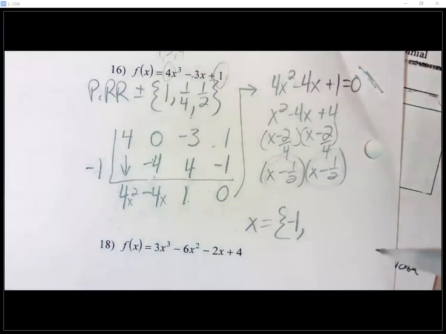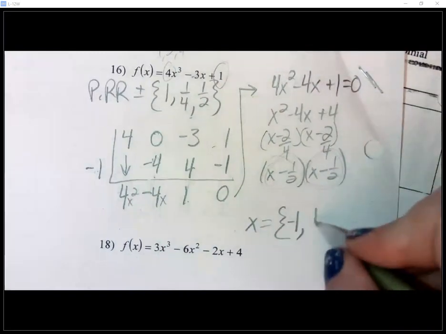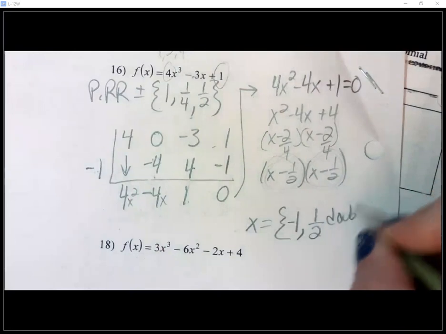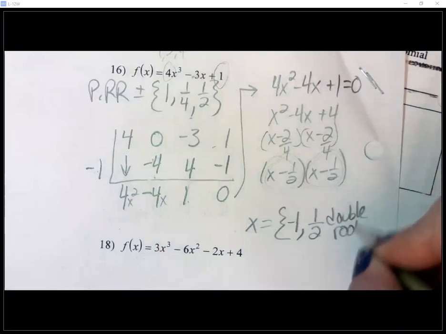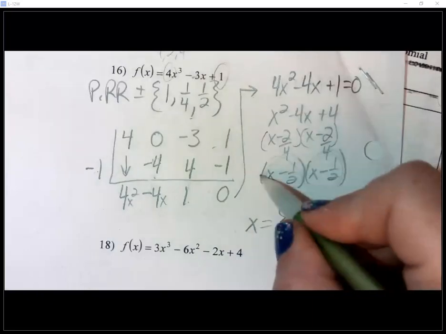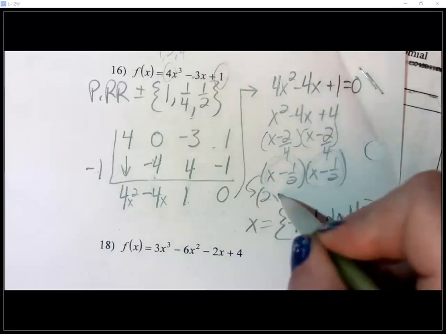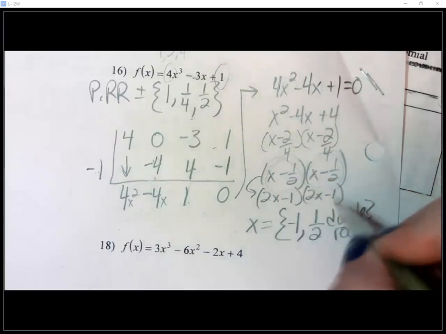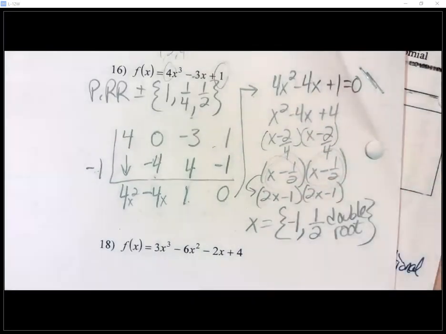Are you with me or not so much? Yeah? So I get positive 1/2 as a double root. You might have rewritten these ones as 2x minus 1, 2x minus 1. Either way, when you solve that, that becomes positive 1/2, and you get it twice.